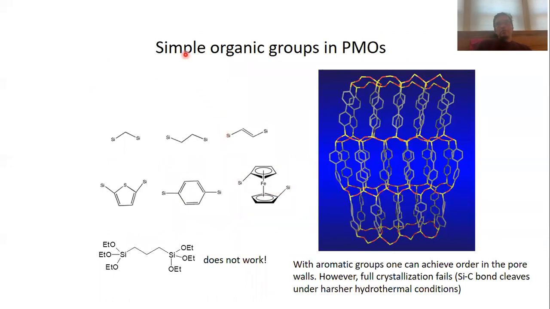These organic groups can have a variety of compositions. So you can use simple methylene groups, ethylene groups, or ethenylene groups. Also aromatic bridging units, such as thiophene, benzene, or ferrocene work well.